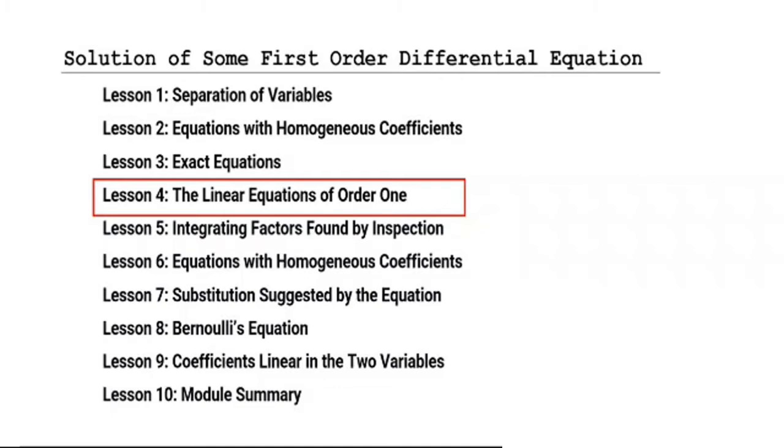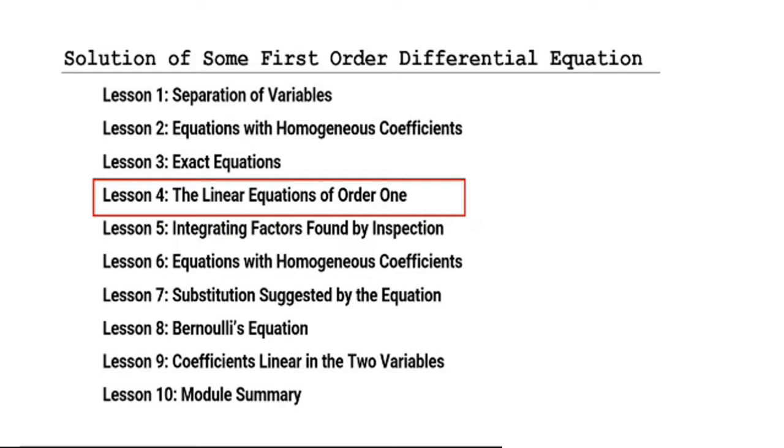Hello everybody! I will discuss the linear equations of order 1. This topic will be discussed in 2 videos, and this is the first video. As shown in the list, the linear equation of order 1 is the 4th lesson in the solution of some order differential equation.